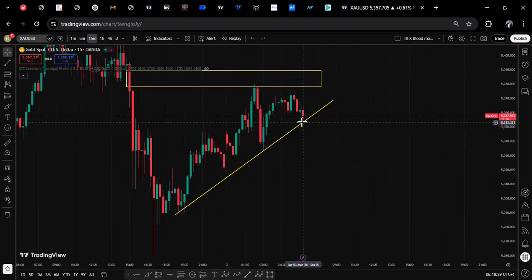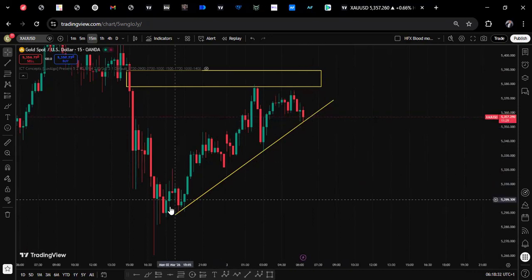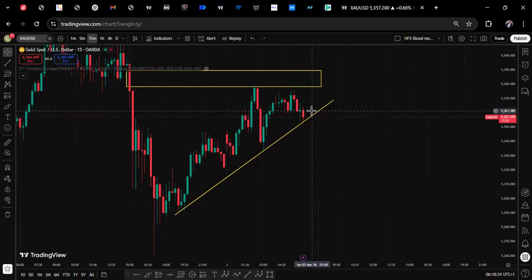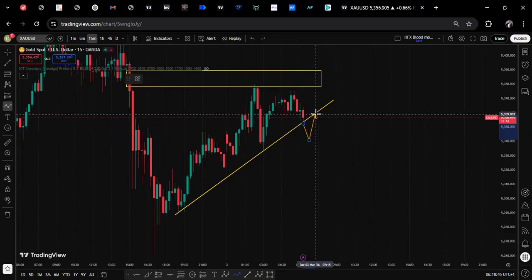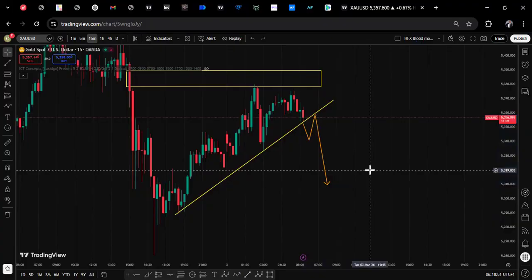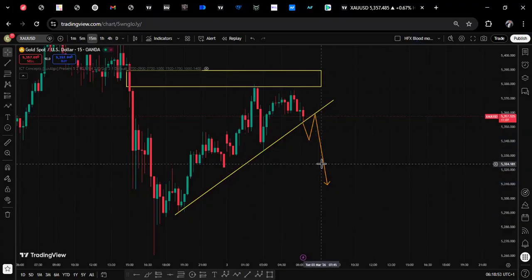The fourth time, you see, it is respecting it. This is its trend line. Now, if it happens to break this trend line, you should be expecting something like this. It will respect the trend line back and, of course, start going down. So that's what we're expecting here.